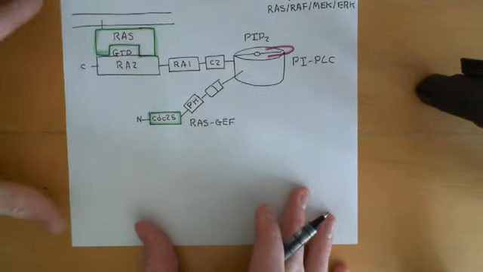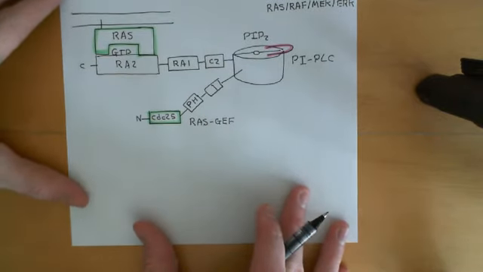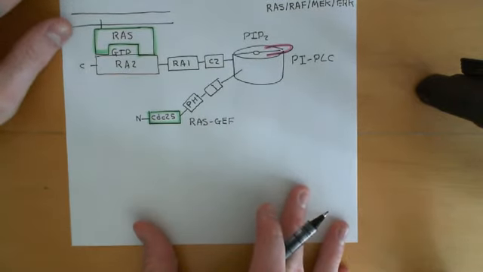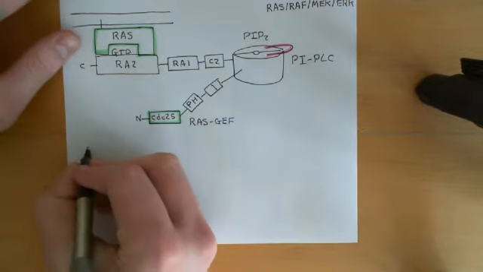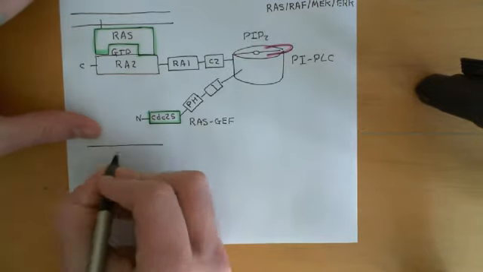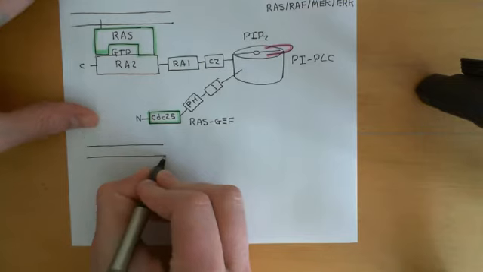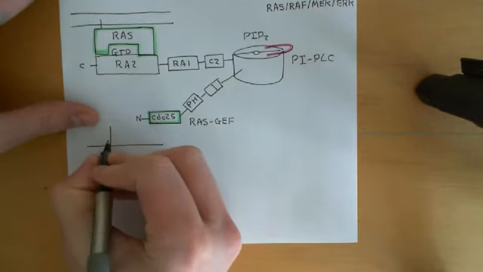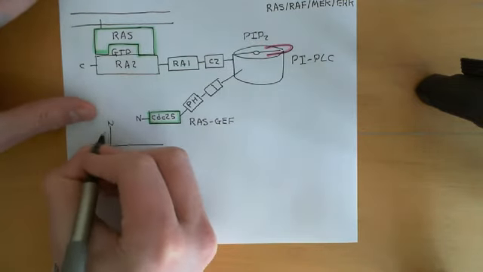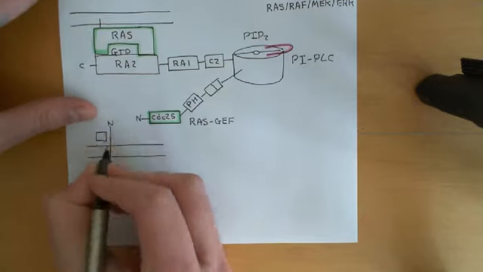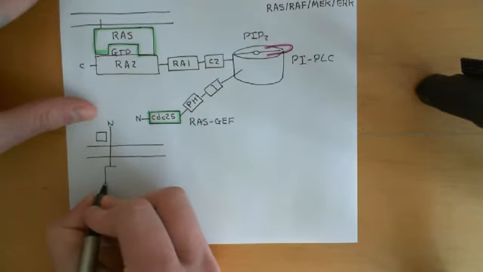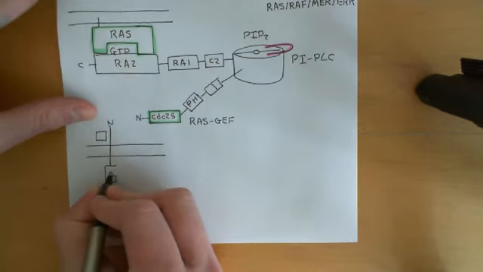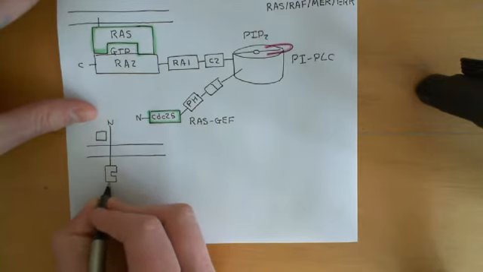Okay, so let me just remind you of how receptor tyrosine kinases can activate RAS monomeric G proteins. Again, I'll draw out my receptor tyrosine kinase dimer here. We'll imagine once again that this is an epidermal growth factor receptor. Here is the epidermal growth factor molecule bound to the extracellular domain of the receptor tyrosine kinase.